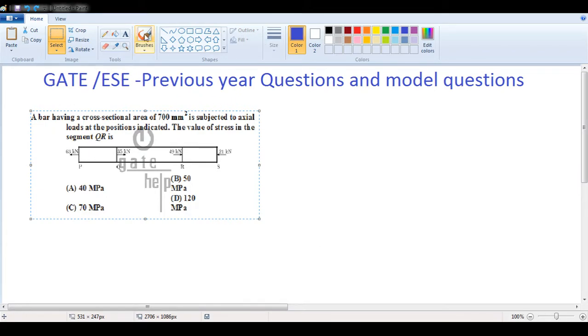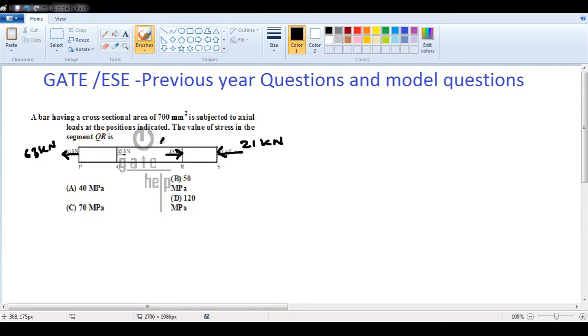This is a bar, right, which has certain loads. This is 63 kilonewton. The end section is 63 kilonewton. Even at this end section, this is 21 kilonewton, but that is compressive. Whereas the middle bar is at 49 kilonewton as well as 35 kilonewton.